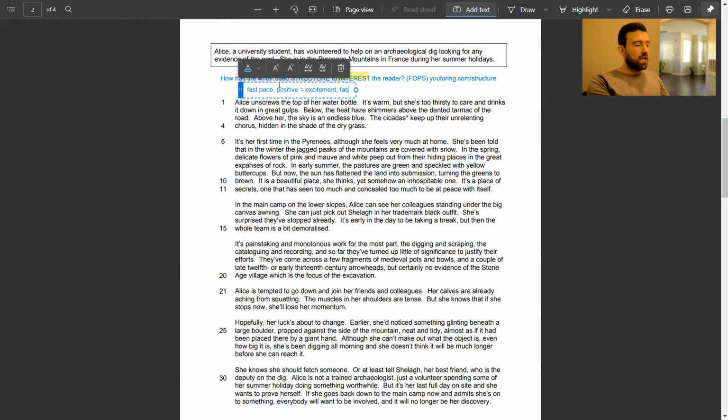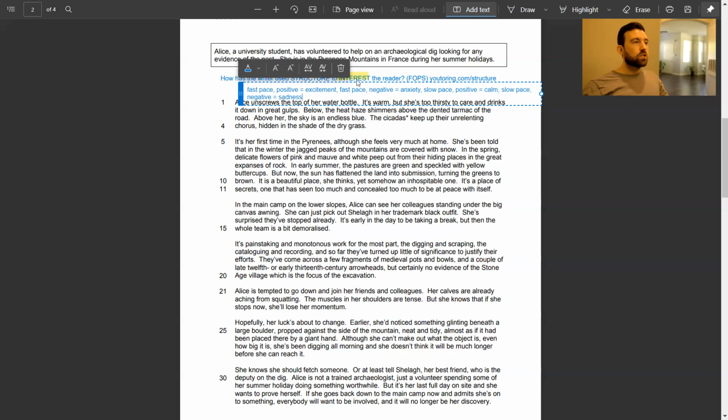If it's fast pace, but negative emotion, then we would probably call that panic or anxiety. If it's slow pace and positive, we would generally call that calm or satisfying. And finally, if it's slow pace, but negative, then we would call that sort of depression or sadness.